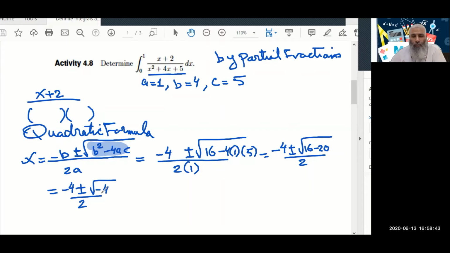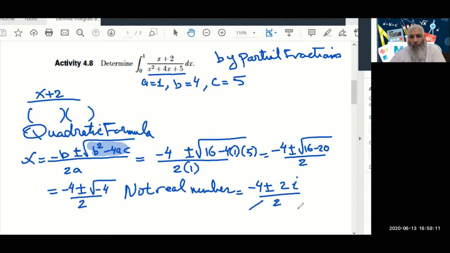So now we don't have roots of negatives. This is undefined, not a real number. But we can write it like this: minus 4 plus or minus 2i, divided by 2.